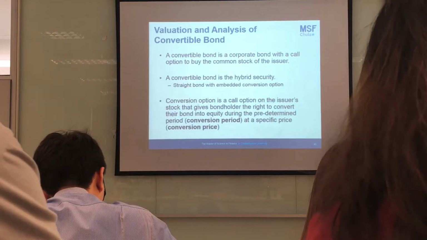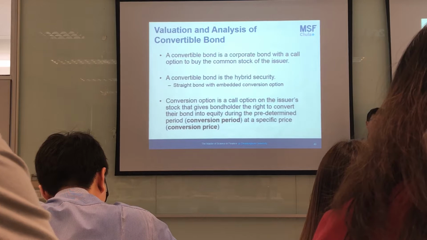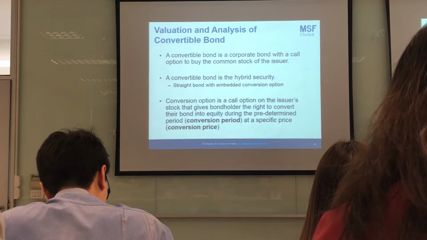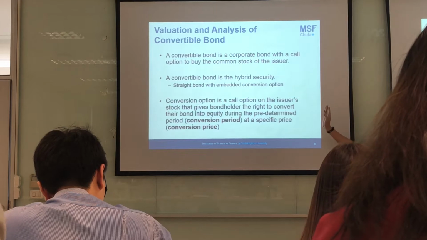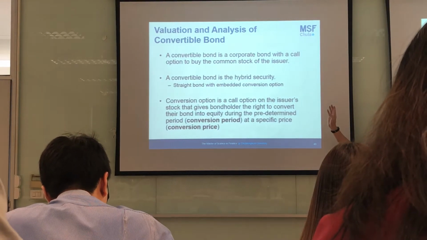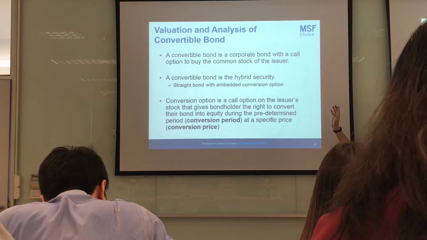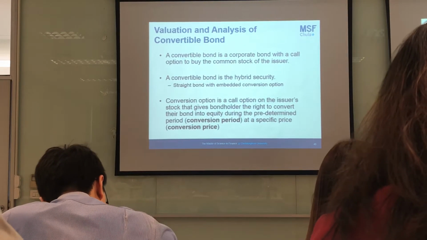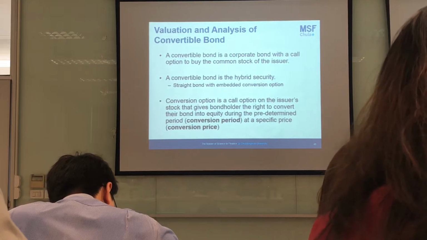The bondholder has the option to buy the stock. So the underlying asset for the convertible bond is not the bond, but the stock of the issuer, the company that issued the bond. The bondholder can buy the stock at some certain price.